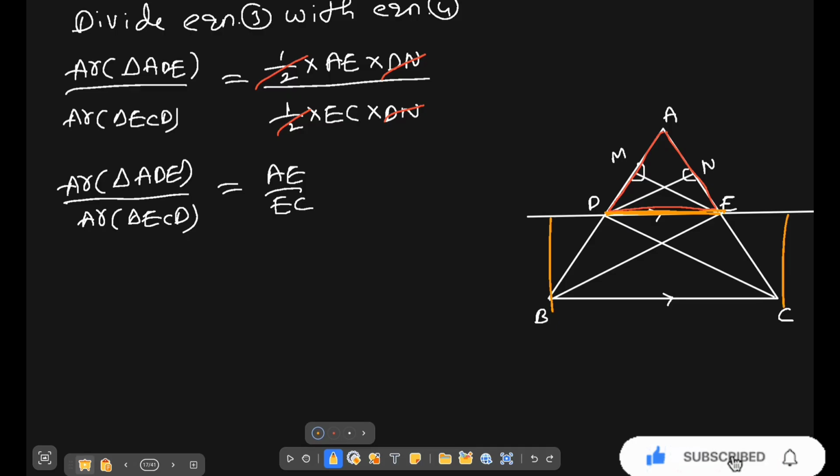When bases are the same and heights are the same, their areas will be equal.